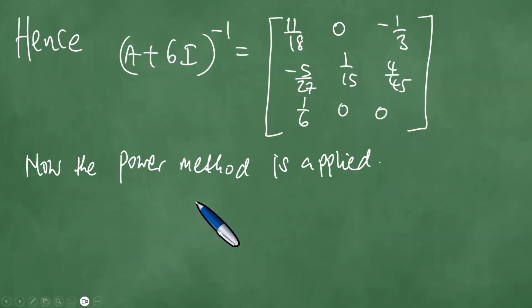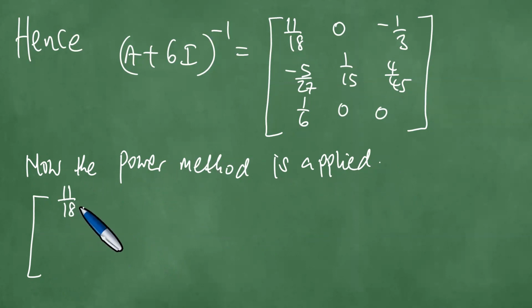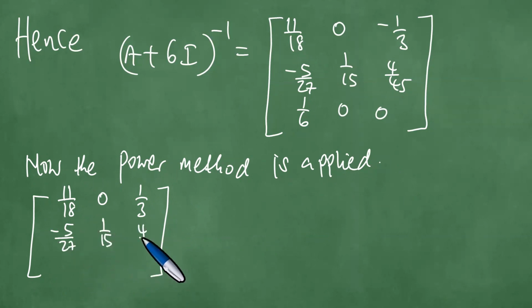Right, obviously at this point using the power method, because we're dealing with the most intermediate, we're going to take the inverse, which is this one here, 0, minus 1 over 3, minus 5 out of 27, 4 out of 45, 1 out of 6, 0, 0.